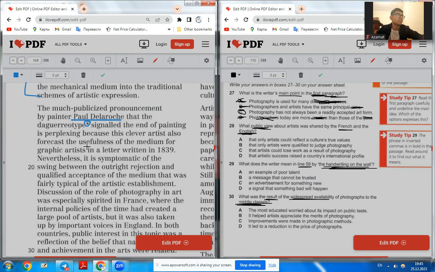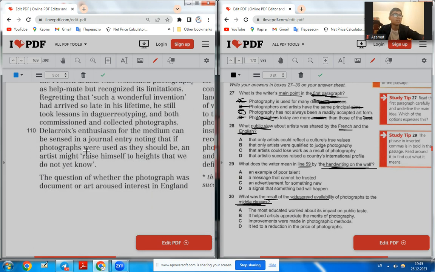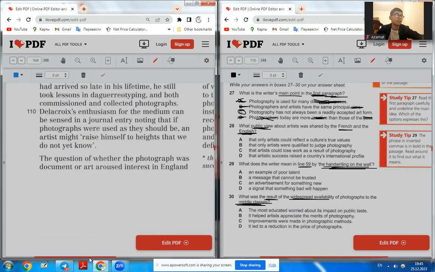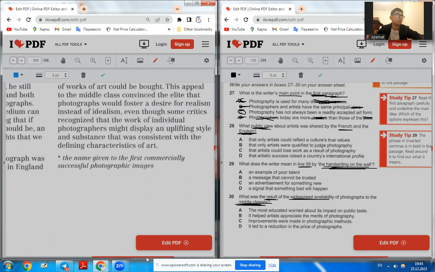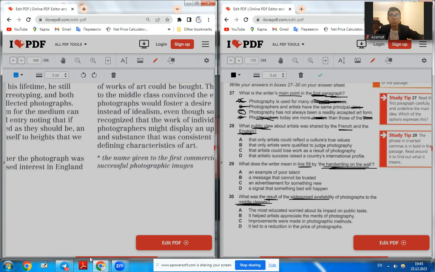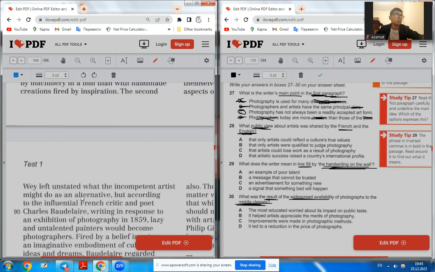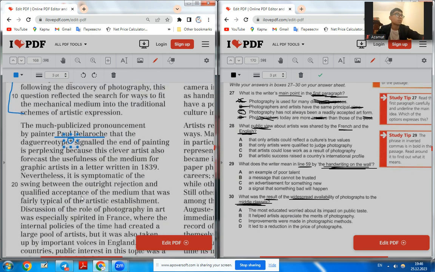If you have a star, that means this is hard vocabulary, and the meaning of it is written at the end of the passage. So that means the name given to the first commercially successful photographic images. So now we've understood the meaning of it, because it is a technical word and many people don't know this word. This is how it is.